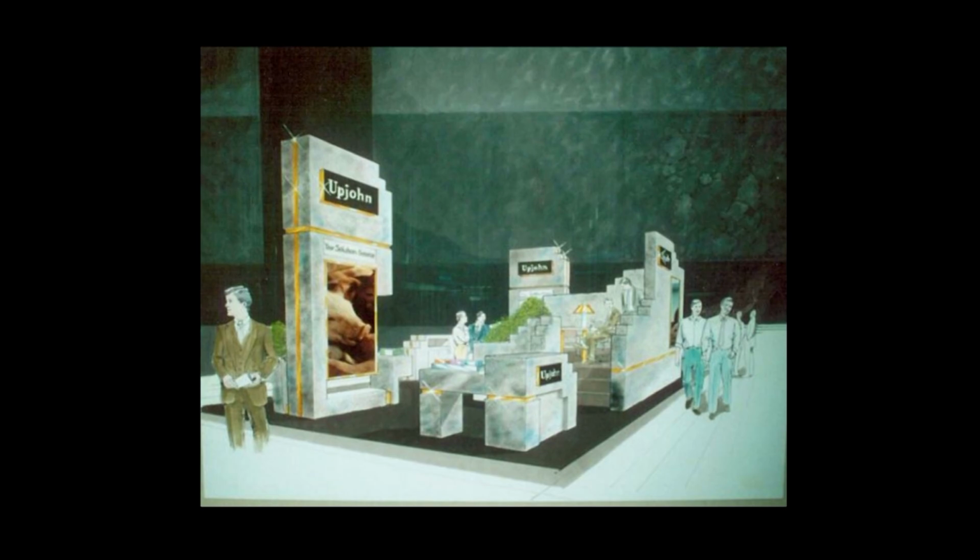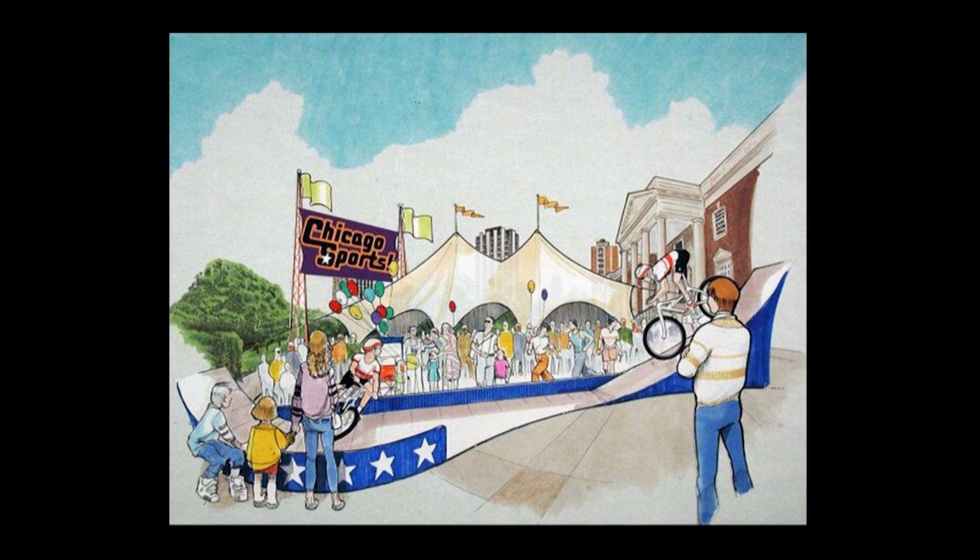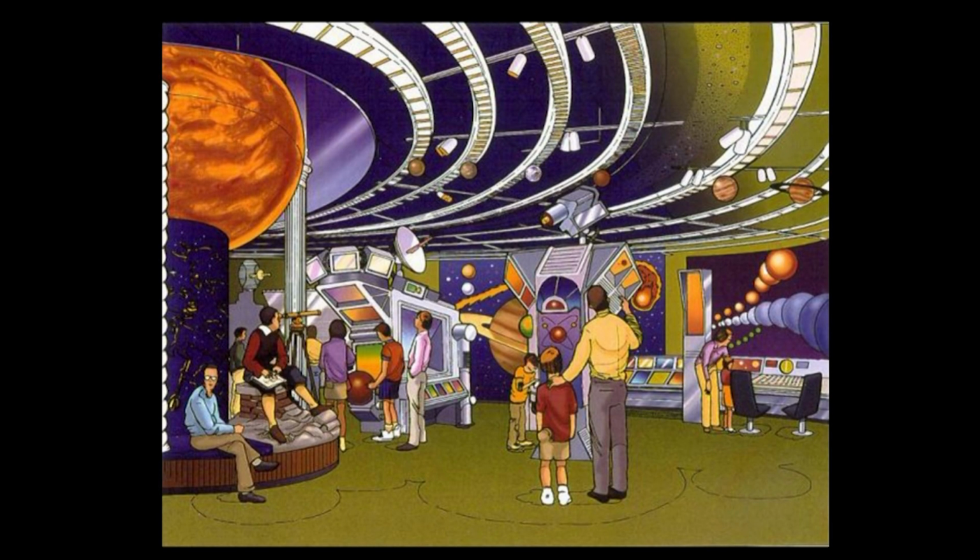I was an exhibit designer for 30 years, starting off as an industrial trade show exhibit designer where corporations were trying to sell their products to potential buyers. Later, I got into museum exhibit design. This was a proposal for the Body Human, which would be touring both the US as well as Europe. I did event planning, outdoor venues detailing extreme sports for an example, and scientific museum exhibits.